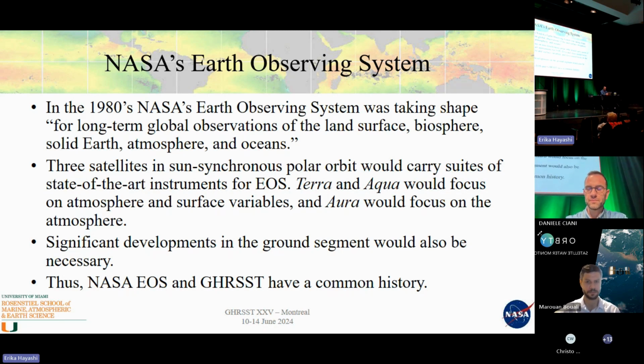And so a good deal of effort went into improving ground stations and communication links and data distribution. So we have commonality. The Earth Observing System and GHRSST have common foci, common objectives, and a common history.